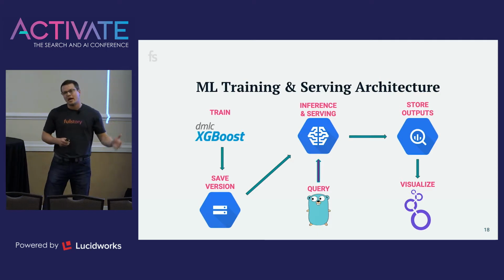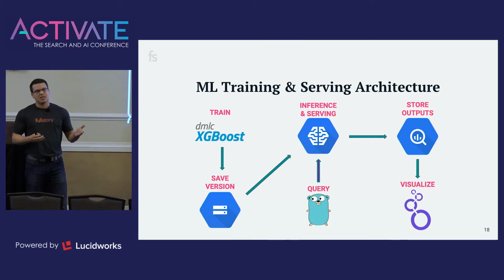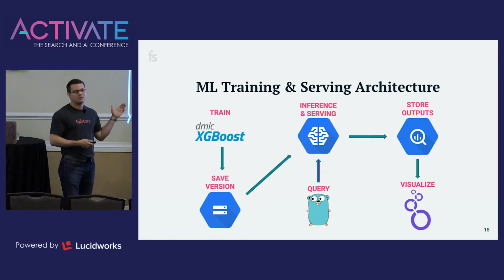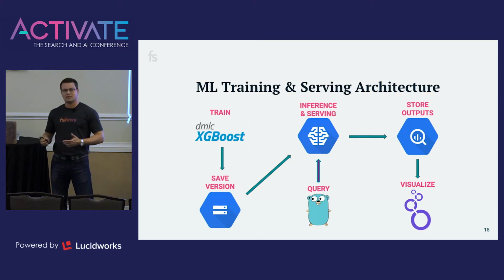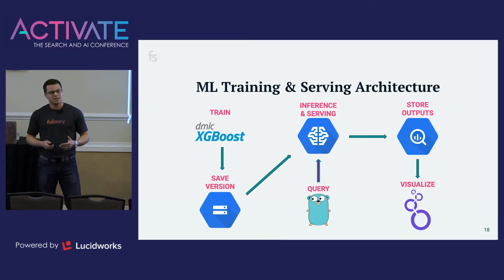For us, the entire workflow takes place on Google's cloud platform. In order to answer the question, is a user going to take a certain action within the next 30 days, we can use an XGBoost model. And in developing a model, if that model meets our performance standards, then we'll save it as a BST file in Google Cloud Storage, which provides versioning for us.